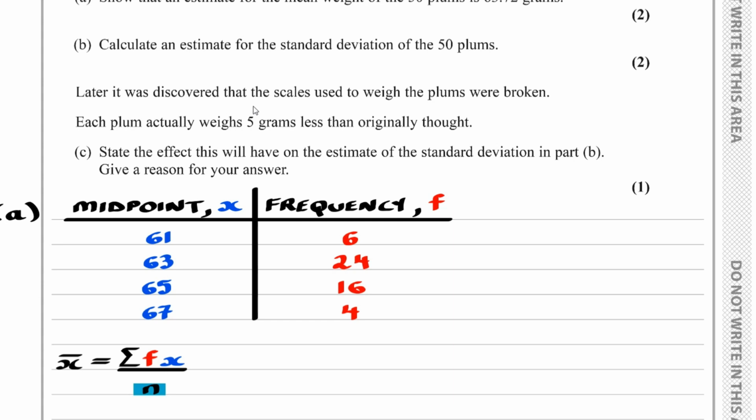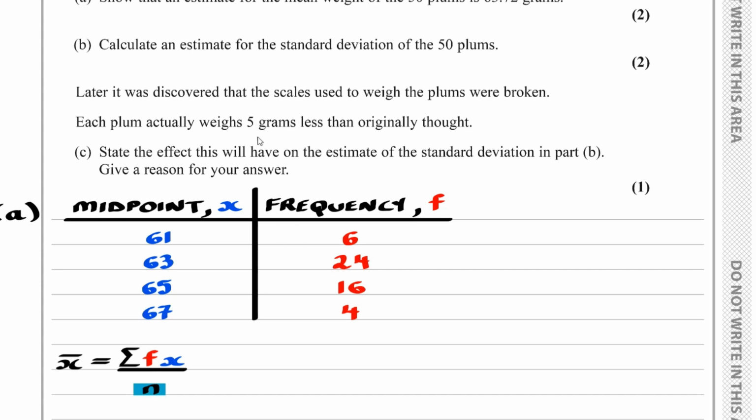Later, it was discovered that the scales used to weigh the plums were broken. Each plum actually weighs 5 grams less than originally thought. For part C, we have to state the effect this will have on the estimate of the standard deviation in part B. Give a reason for your answer.